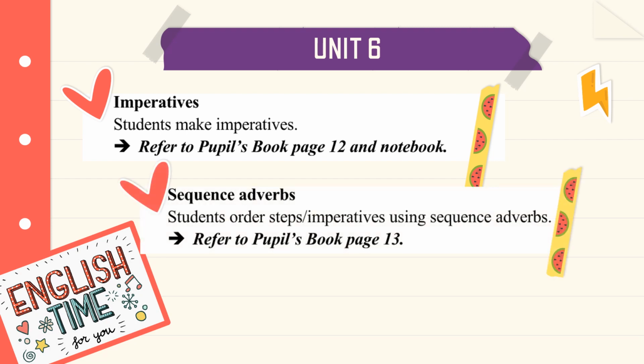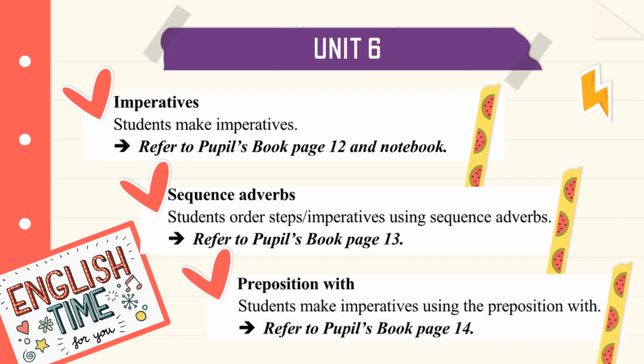The second stop is the sequence adverbs, and the last stop is preposition with. For sequence adverbs, you can check your pupil's book page 13, and for preposition with, you can check page 14. Okay, guys, now let's get ready for the exercise.